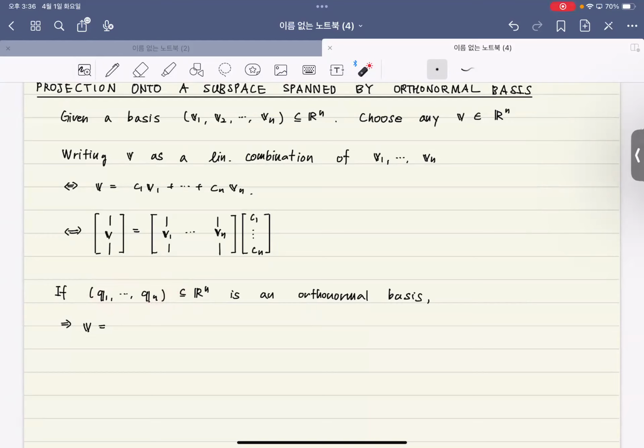So these are bases, and vector V can be written as a linear combination of the orthonormal basis vectors Q1 to Qn.